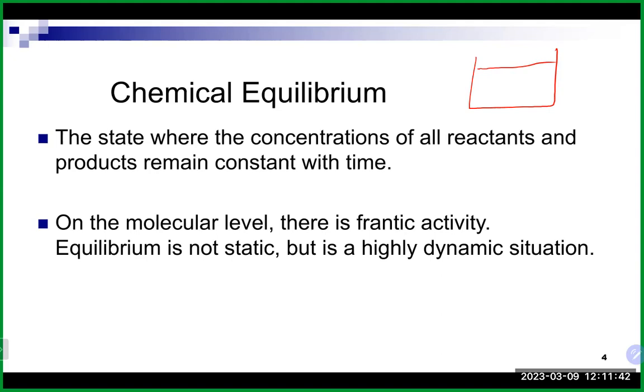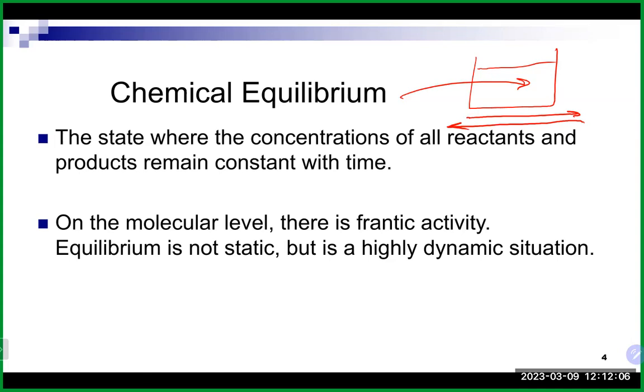It may look like the reaction's over, not much is changing. That's because everybody has pretty much gotten locked into place. But if you're able to super zoom in and see what's going on, there is a lot of activity. There's a lot of reactants going to products, but just as quickly, there are products coming back to reactants.